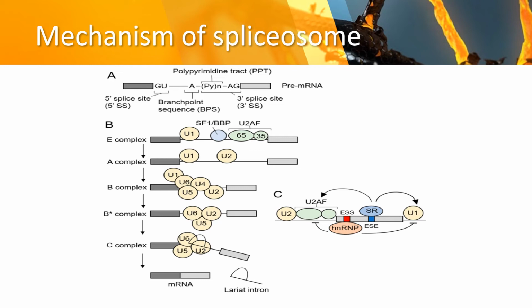After that, the three complexes U4, U5 and U6 come and attach to the premature mRNA.